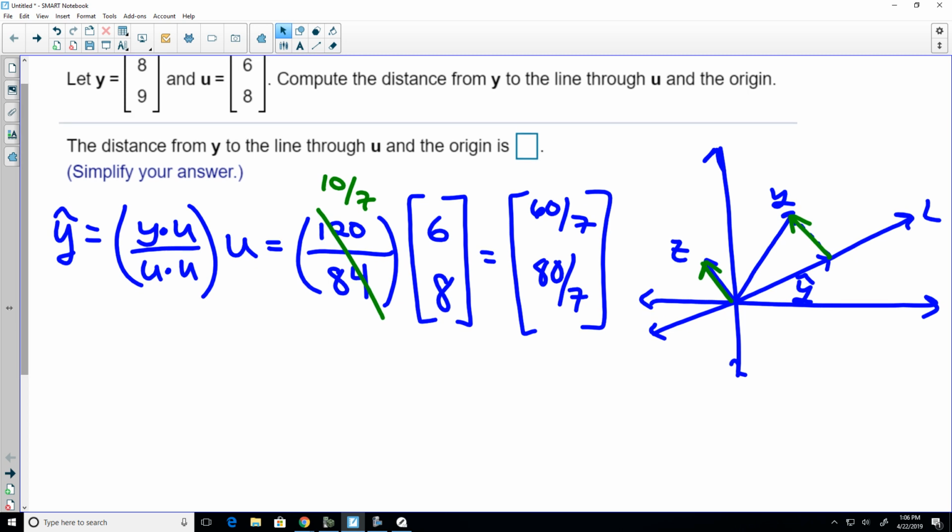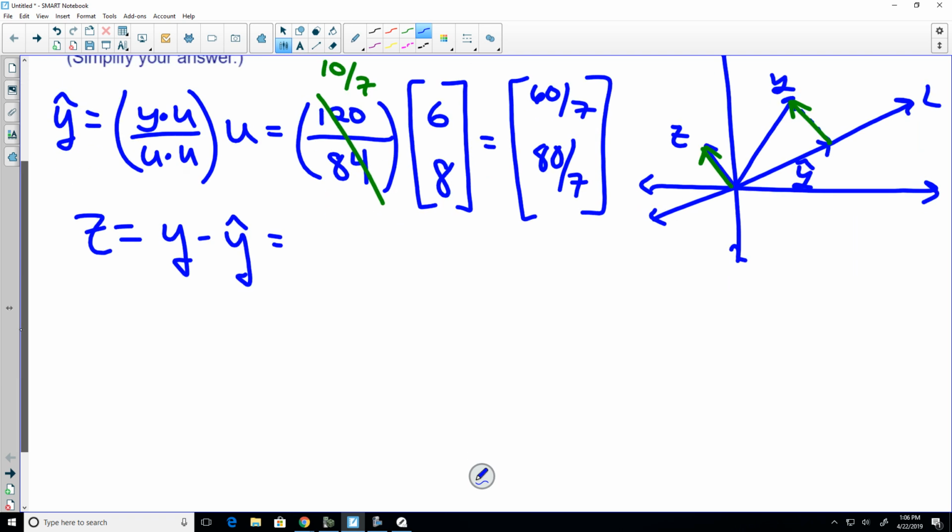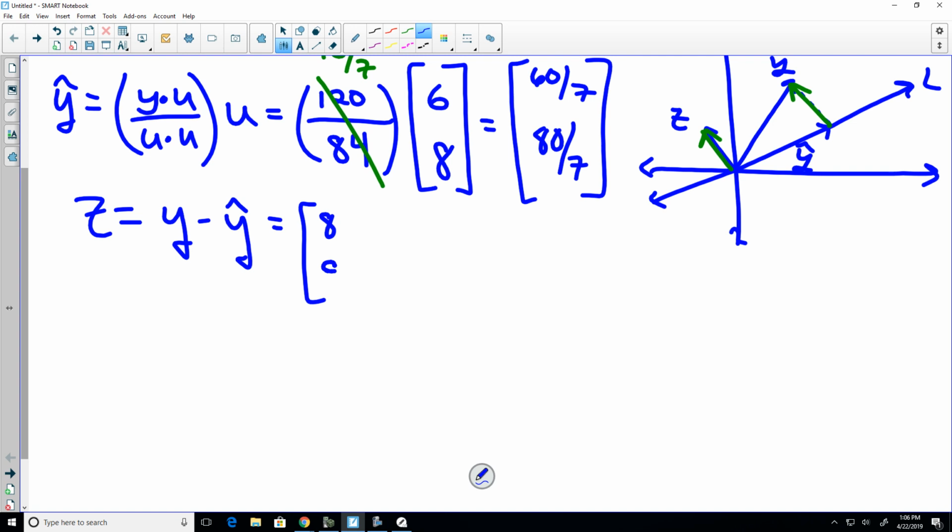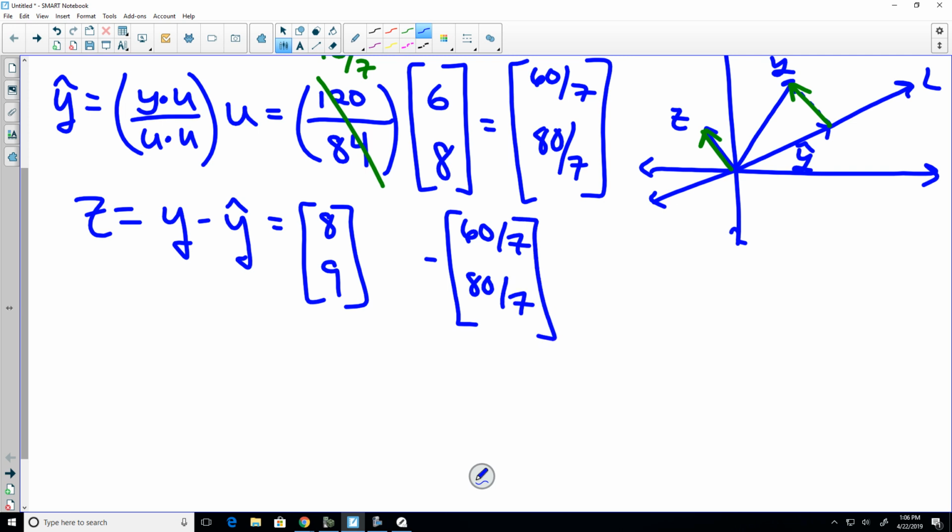So now we need z. So z is y minus y hat. So y is 8, 9 minus the projection, so this would be 56 over 7.